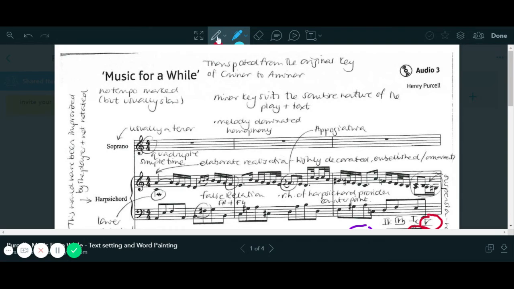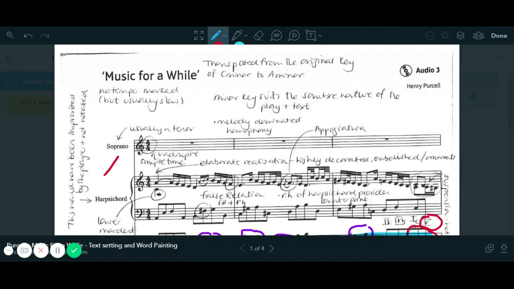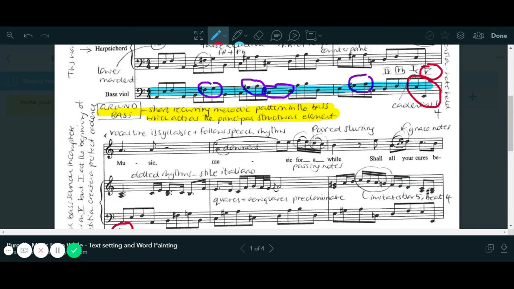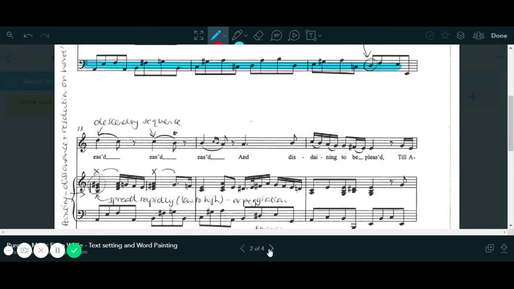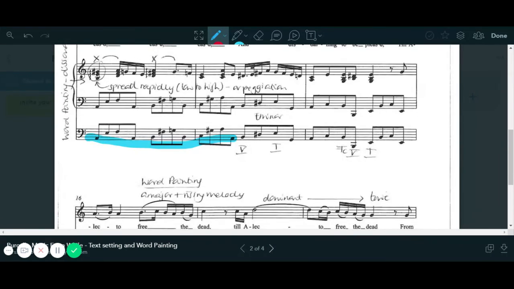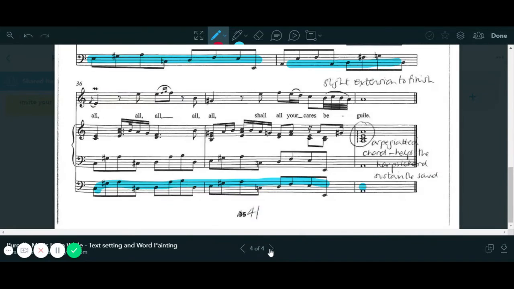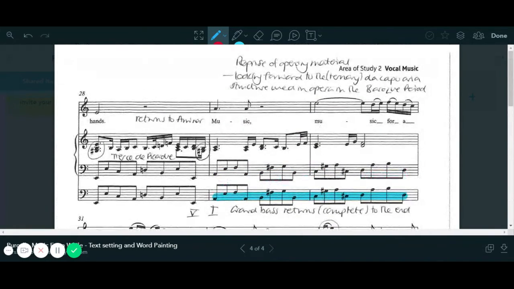So if you think about the fact that we can say that this is an A section, and then we have a B section, it progresses and becomes more interesting. But you can see right at the end that the music from the beginning comes back.